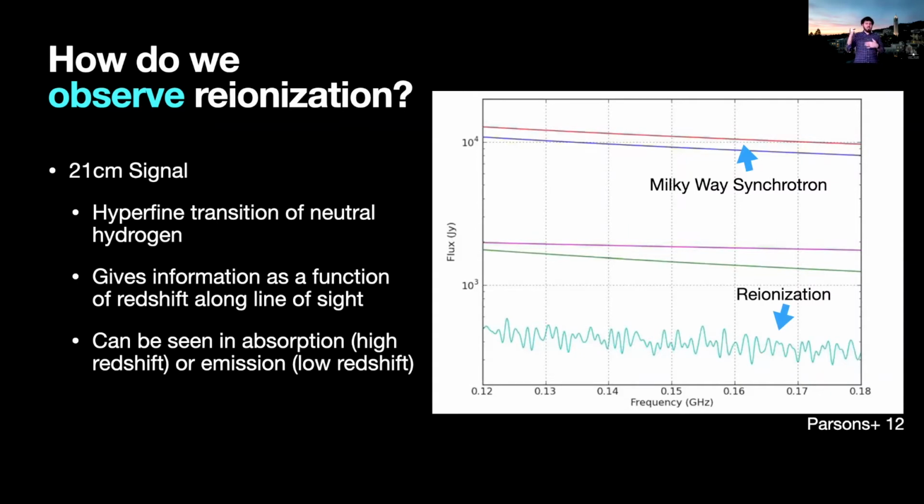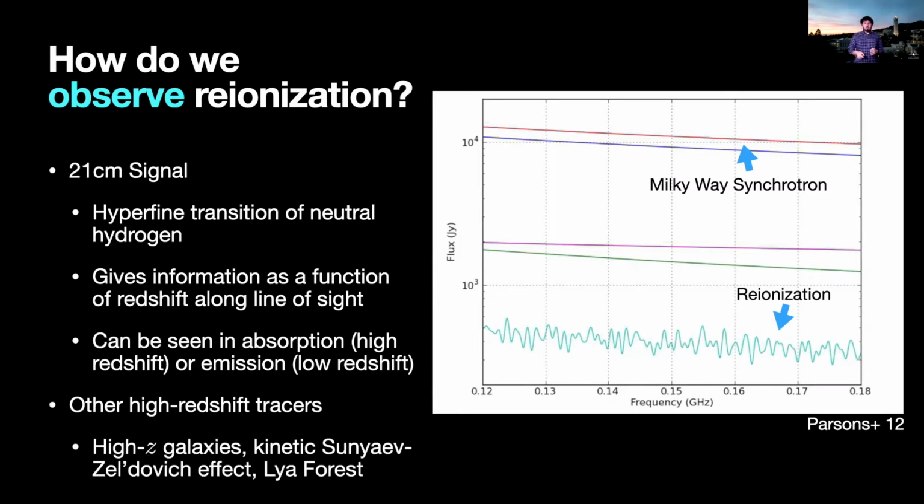So you see it's intrinsically much fainter by several orders of magnitude. But one feature it does have is that it's very bumpy. It's jagged as a function of frequency. So one naive thing you might try to do is take the Fourier transform and hope that it separates. I'll talk a little bit more about that in the next slides. But the Milky Way is a bright signal, though it's very smooth. So we're going to try to take advantage of that.